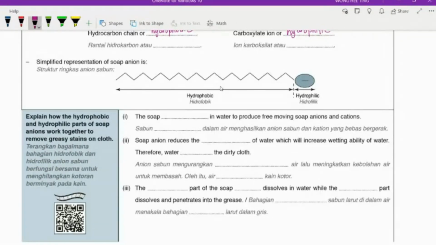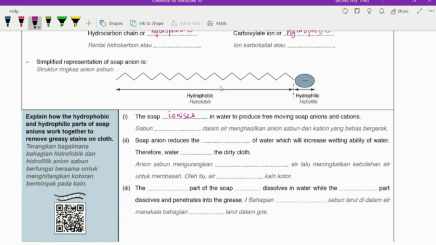Now how are we going to explain? So this is a suggestion. The salt ionizes in water to produce free-moving salt anions and cations. We will focus on the anions, the hydrophilic head with the hydrophobic tail.